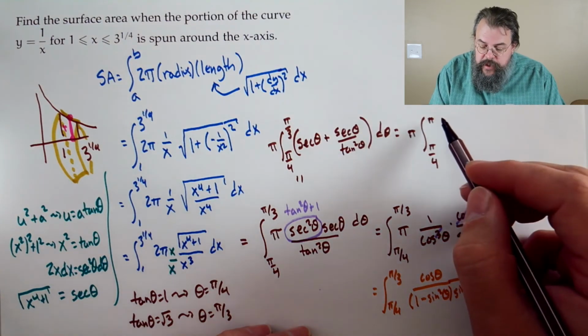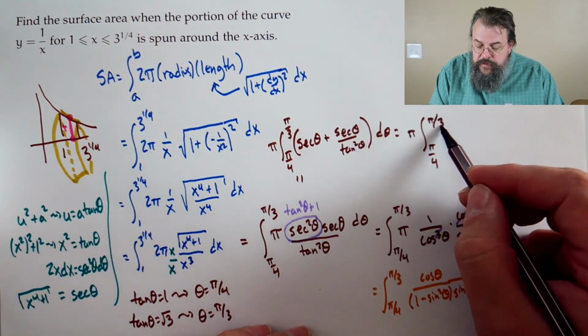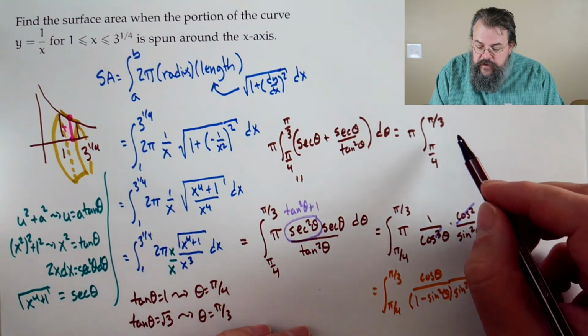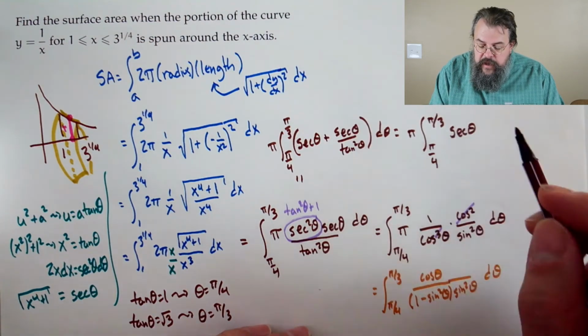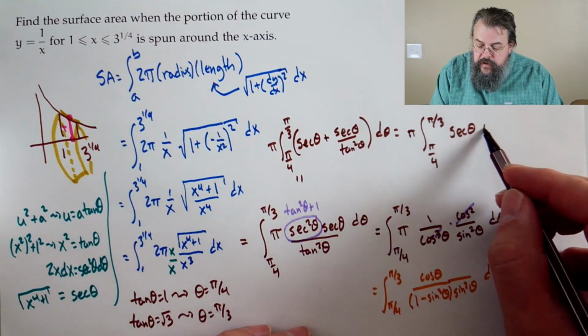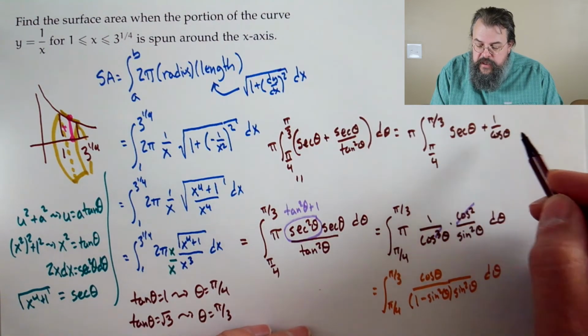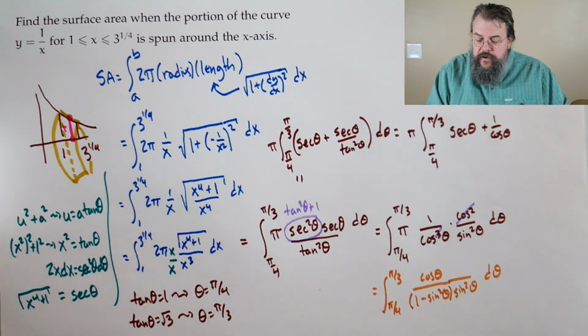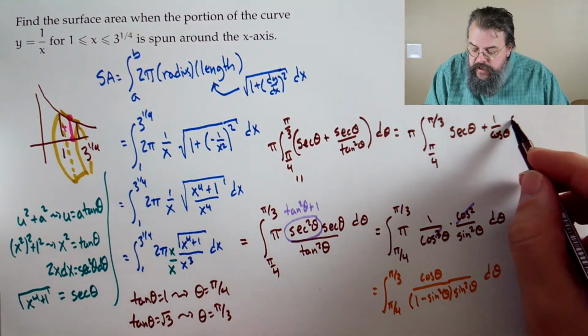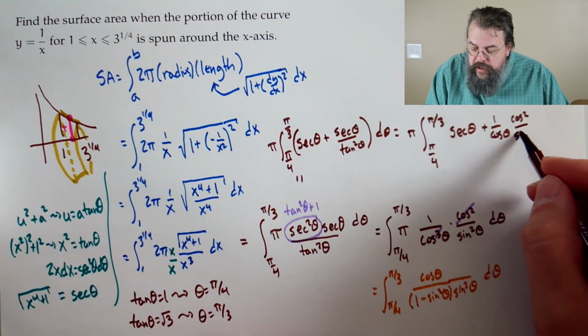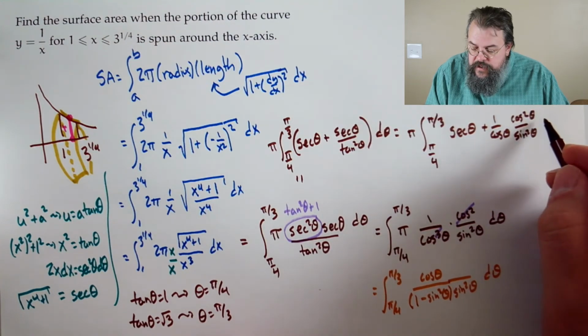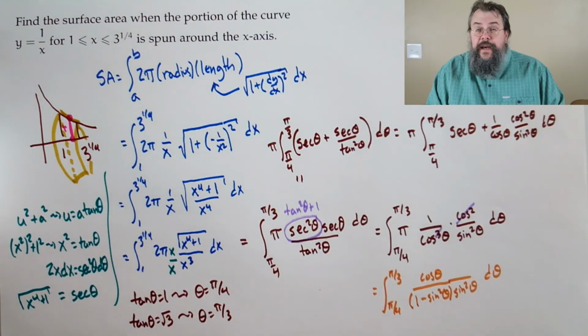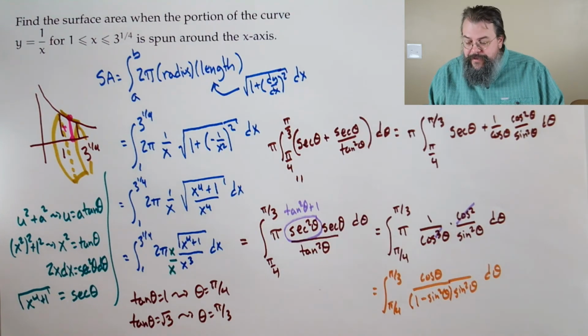So pi to the 4th, pi cubed, and then we have secant. The secant is 1 over cosine, and the tangent squared is sine squared over cosine squared, so it becomes cosine squared over sine squared. And now, hey, good news. We see something that's a lot easier to work with. So this one did work.